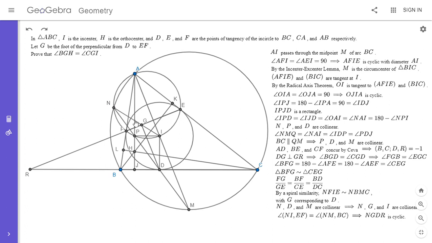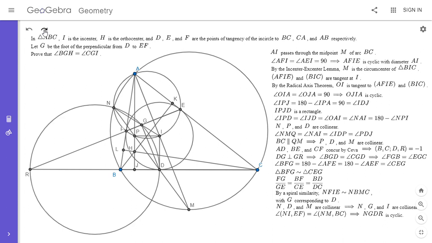So NGF is the angle between NI and EF, and NDB is the angle between NM and BC. If NGF is equal to NDB, that means angle NGR is equal to angle NDR, and so NGDR has to be cyclic.